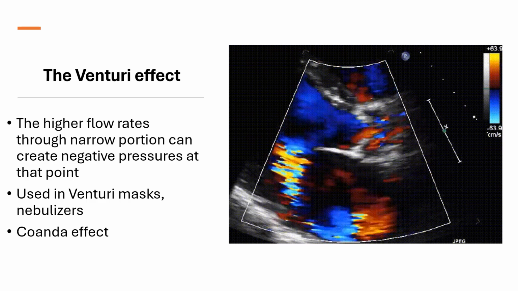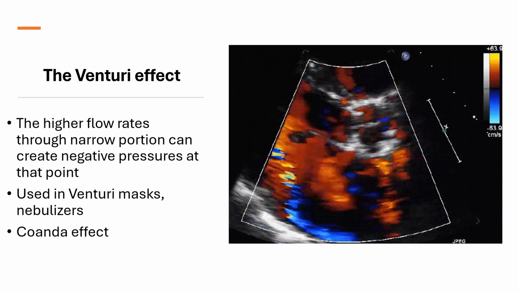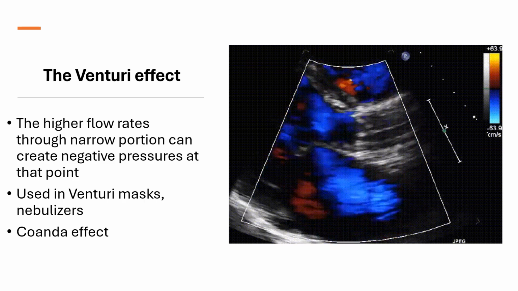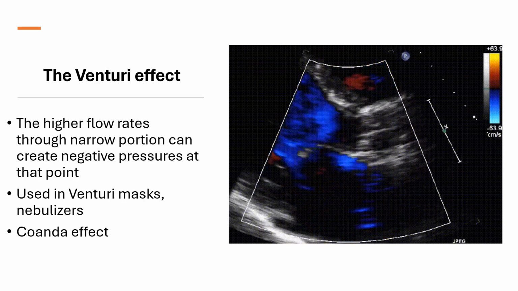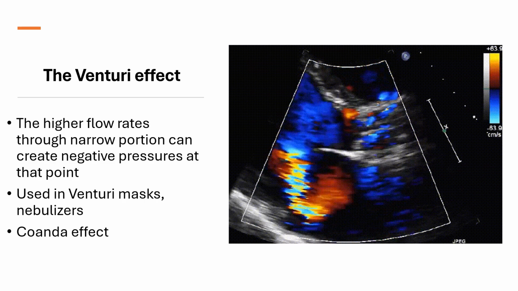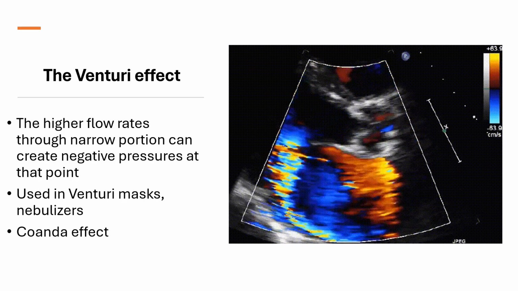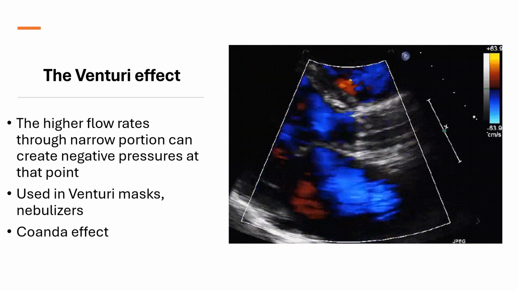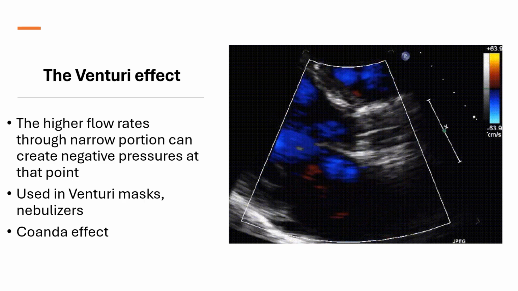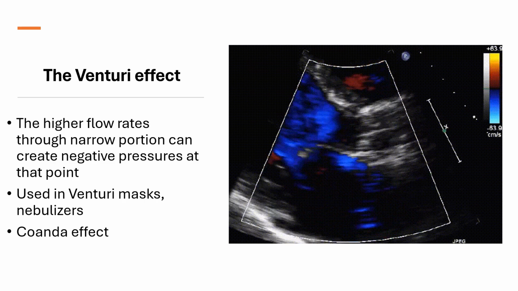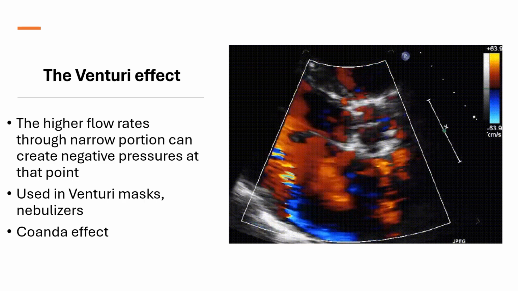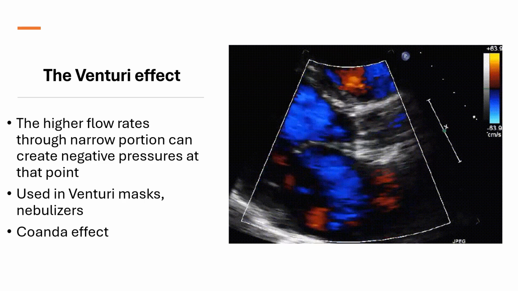So let's talk about the so-called Venturi effect. The higher flow rates, which occur through the narrow portion, can create negative pressures at that point. This concept is utilized in Venturi masks and nebulizers. For example, in Venturi masks, the room air gets entrained at a lower pressure point at the mask's nozzle due to the high flow of oxygen.